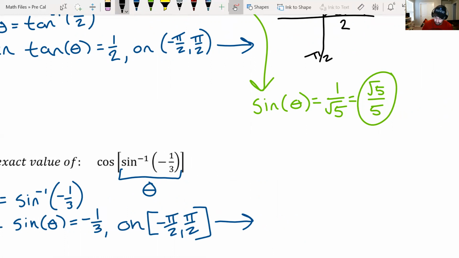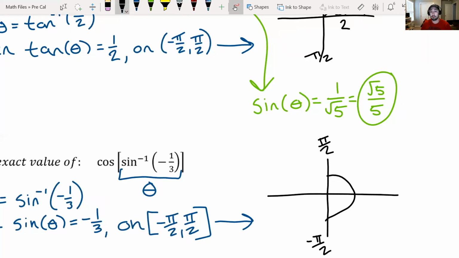So here's my unit circle. Here is -pi/2, pi/2. Now remember, the inverse sine function lives in quadrants 1 and 4, just like the inverse tangent above it.